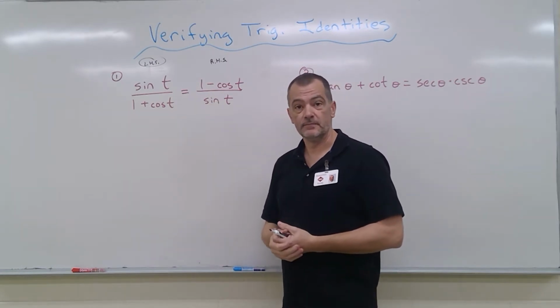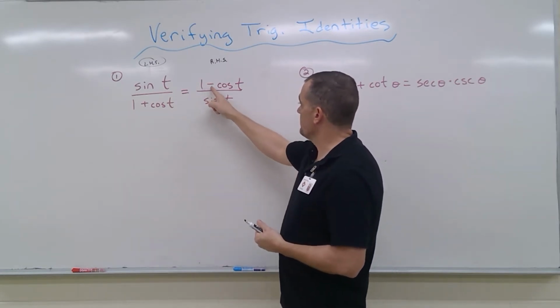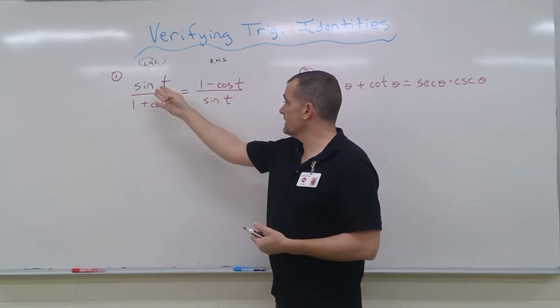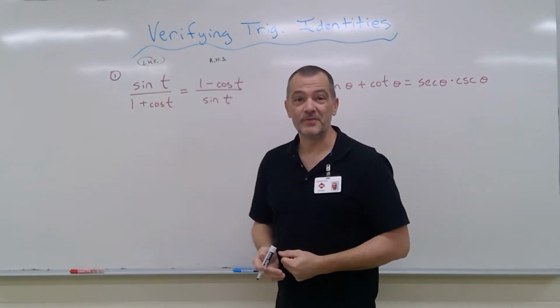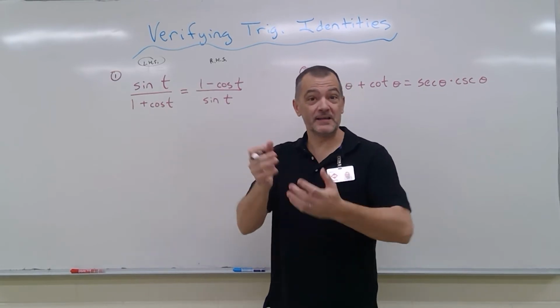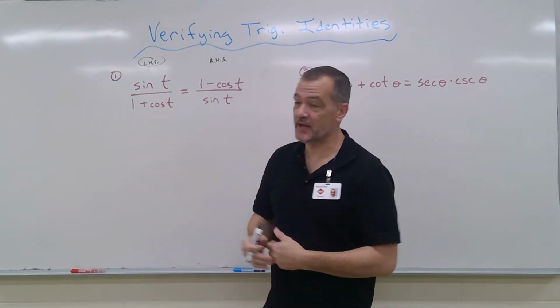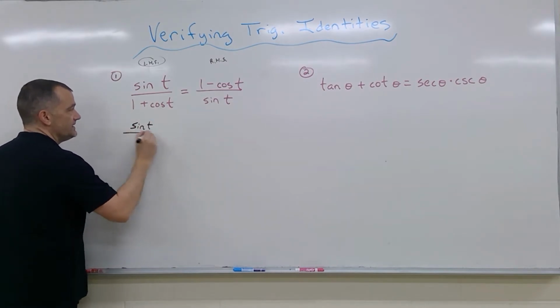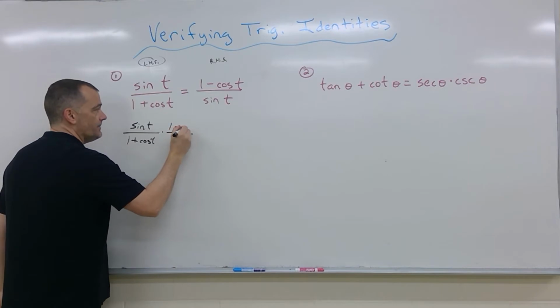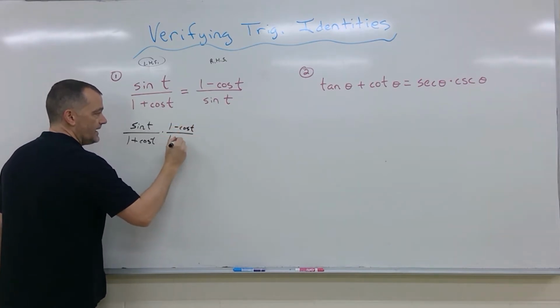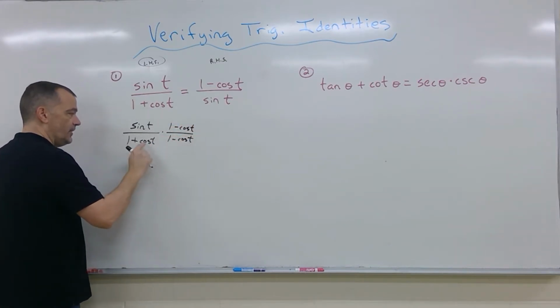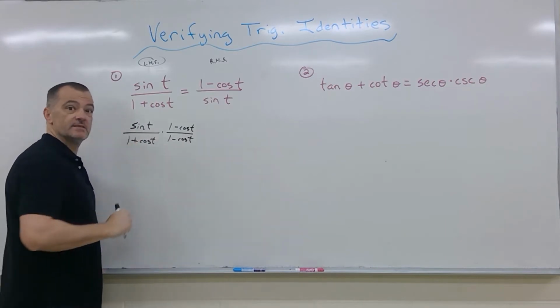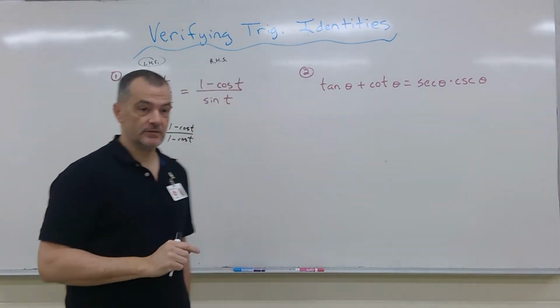Well, how do you do it? Notice that this has 1 plus the cosine of t in it, and this one doesn't. So let me get 1 minus the cosine of t in the left-hand side by simply doing this. The sine of t divided by 1 plus the cosine of t, if I multiply the top and bottom by 1 minus the cosine of t, I am multiplying by its conjugate.